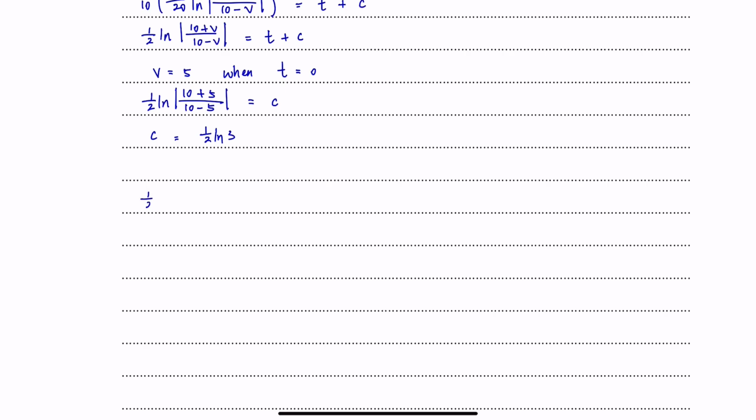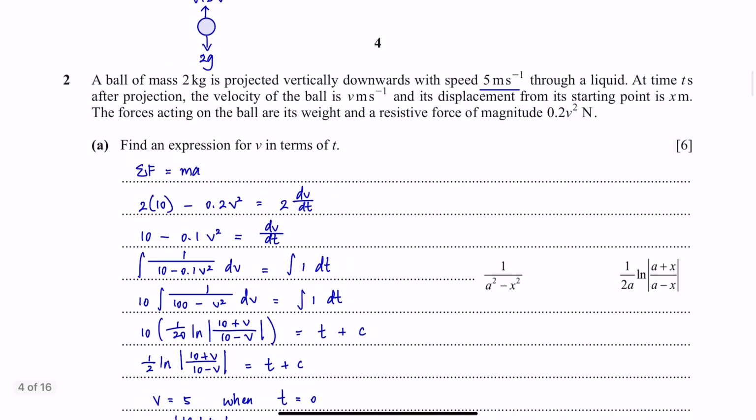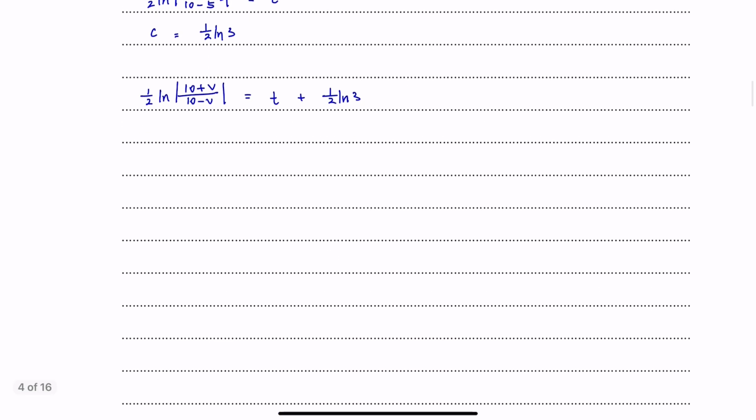So we rewrite the equation: half ln of 10 plus v over 10 minus v equals t plus half ln 3. And we need to find the expression for v, which means v has to be the subject. So we can change it to half ln of 10 plus v over 3 times 10 minus v equals t.